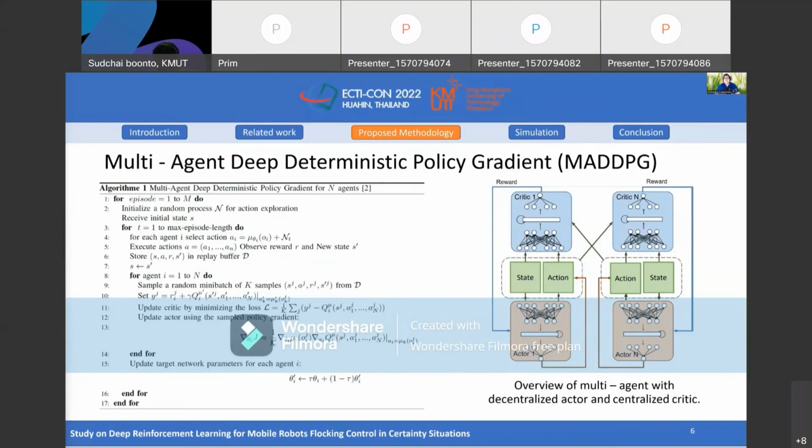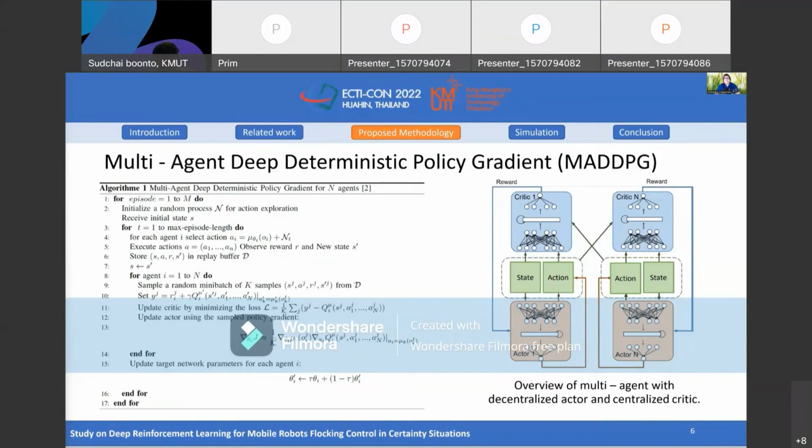After that, the agents sample experience K from replay buffer D and set the TD target from the policies. Then the TD target is calculated from the reward and the Q value of the state and all actions from the agents, where the new action from the mini batch K comes from the new policy on observations.